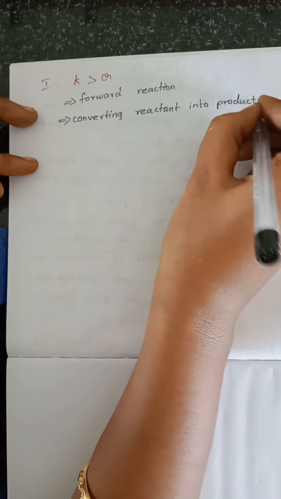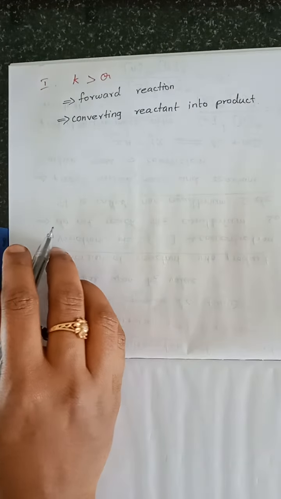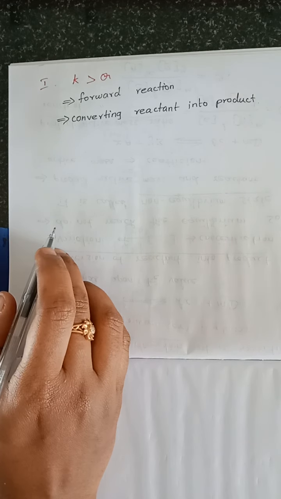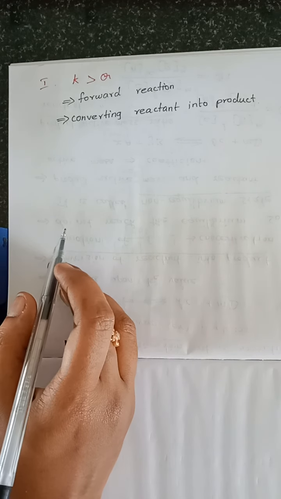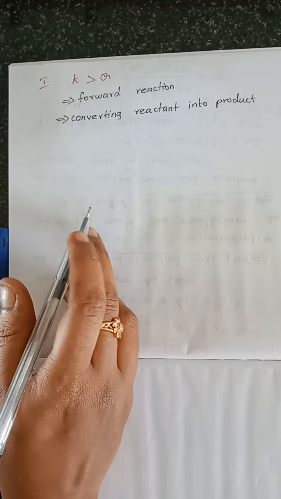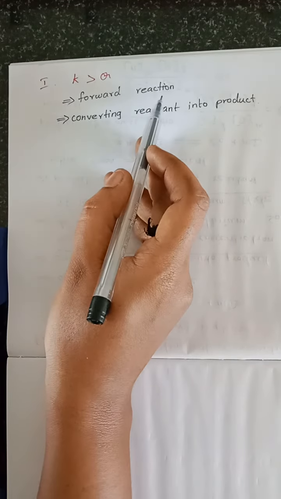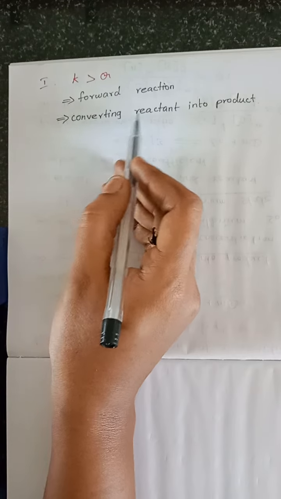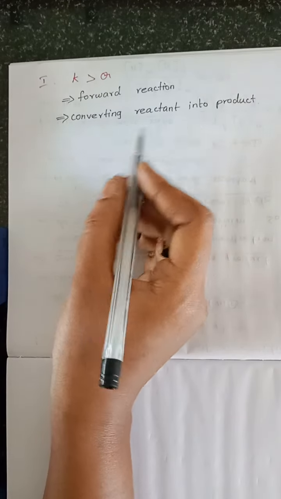So this is the first case: K value is greater than Q, forward reaction, converting reactant into product.